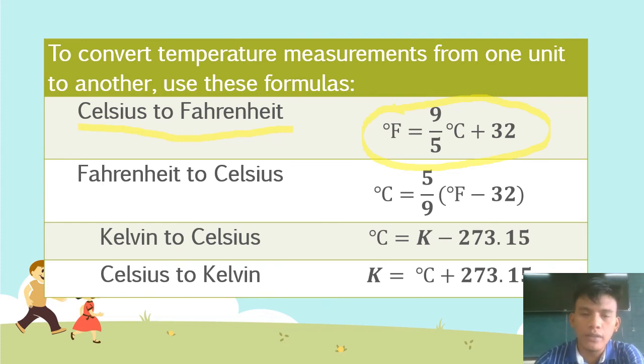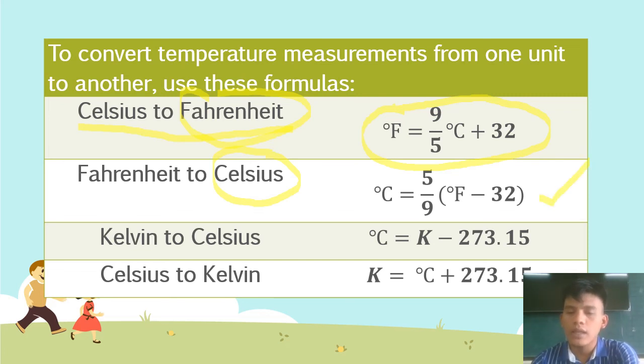Next, Fahrenheit to Celsius. We are looking for Celsius, and we are given Fahrenheit. So, degrees Celsius is equal to 5 over 9 times degrees Fahrenheit minus 32.